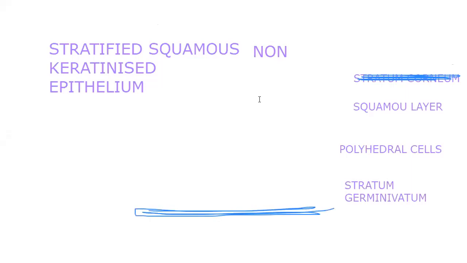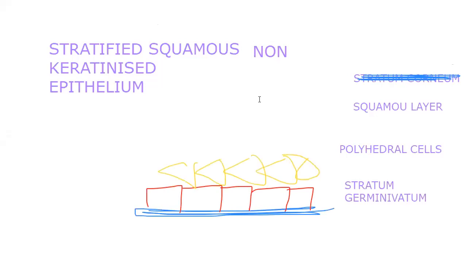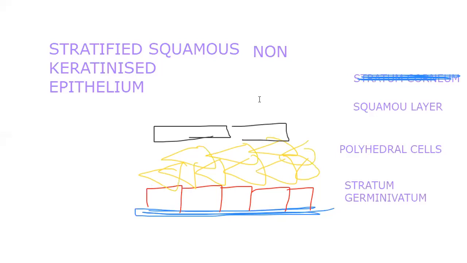You can see the basement membrane, and above it the germinal epithelium. Then polyhedral cells form, cells of various shapes, and then they become squamous, as usual.